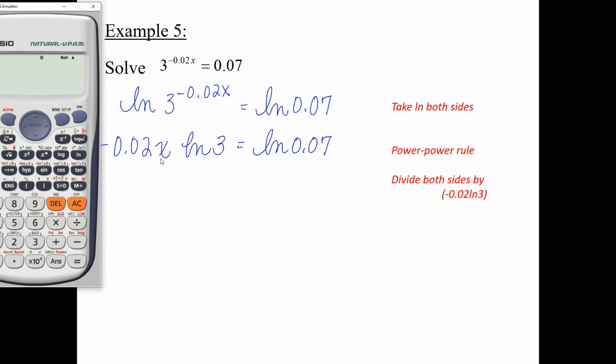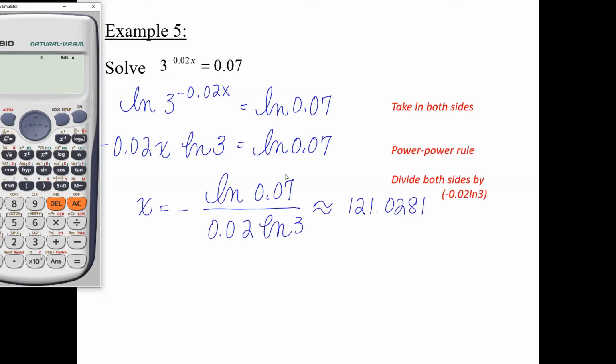Now, we're going to divide by natural log 3 on both sides, and we're also going to divide by negative 0.02 on both sides. So we've divided by the negative 0.02. Here's the negative sign that wasn't in front of these before.